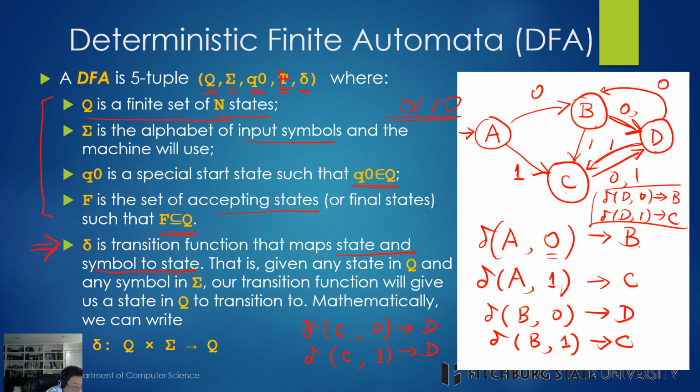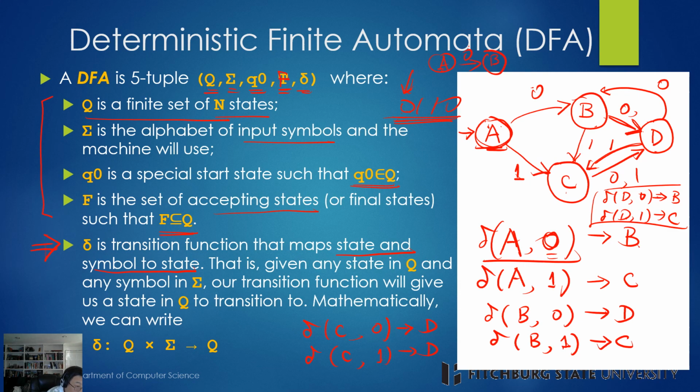So the starting point is A. The first input is 0, and the starting point is A. So based on the transition function, it's A and a 0, so we're going to move to B, right?